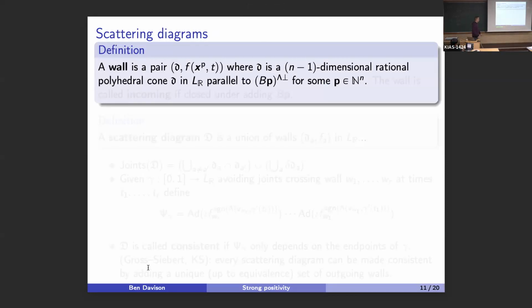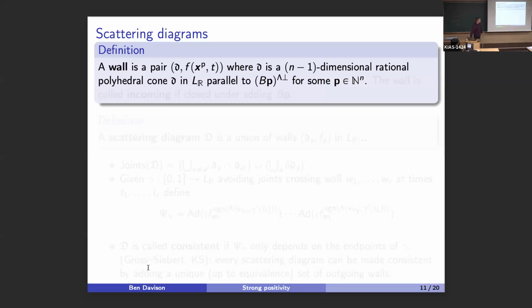Okay, so what are the actual definitions underlying these pictures? So a wall in a scattering diagram, like what we had before, is a pair where this thing is an n minus one dimensional rational polyhedral cone in the realification of my lattice. And it's parallel to the perpendicular to some p in N for my bilinear form.